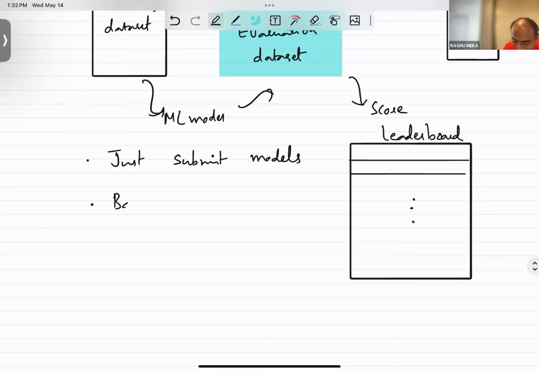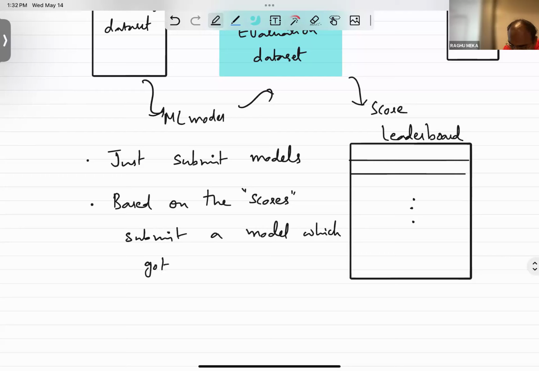And based on the scores, submit a model which got 100% score. And hence won on the leaderboard.